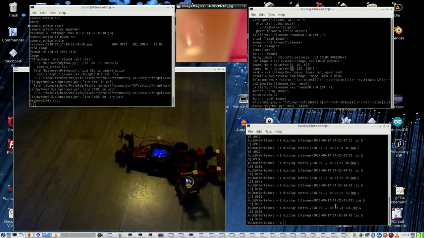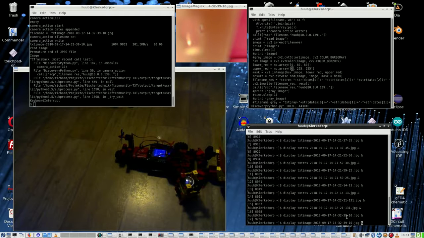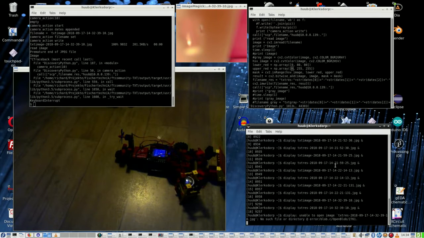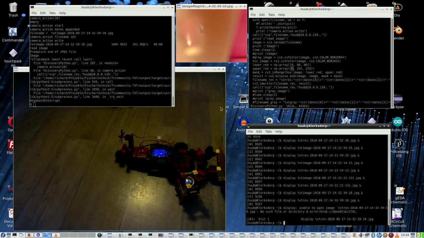Oh, I don't expect much. Yeah, result image is black. Although it should not be black, because it has red in it. And there is indeed no resulting image made.